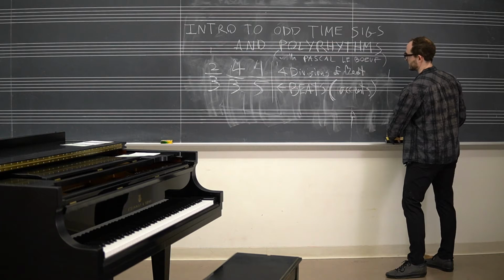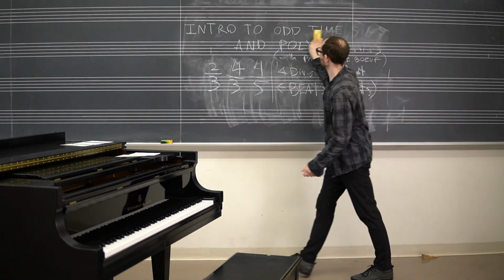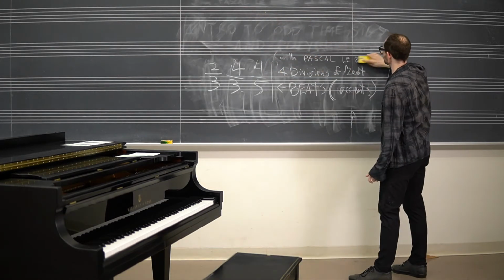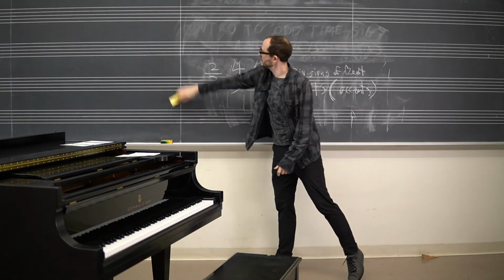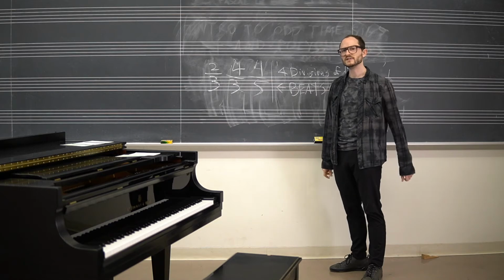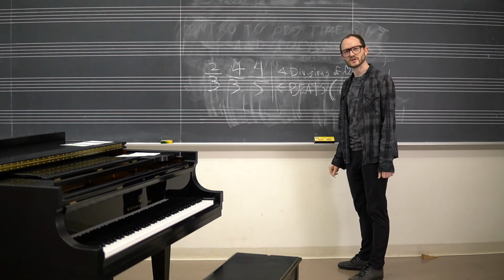I'm running out of room here, so I'm going to erase this. We're going to look at these polyrhythms using this trick. And this is pretty fancy stuff. So, if it's a little tricky, don't worry. This is some advanced stuff here, so be proud of yourself if you made it this far.